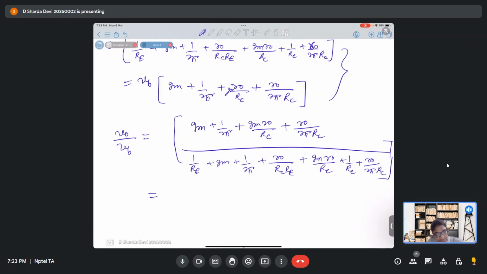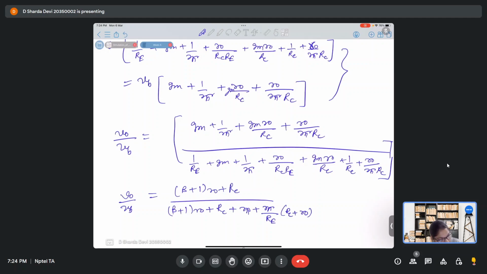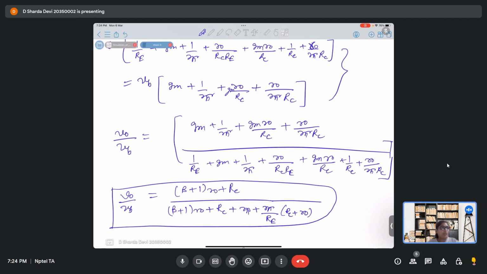So if we further simplify it and write it down, we'll actually get beta plus 1 R naught plus Rc by beta plus 1 R naught Rc R pi plus R pi by Re into Rc plus R naught. So when we further simplify all of these and put the values, we'll get something like this.